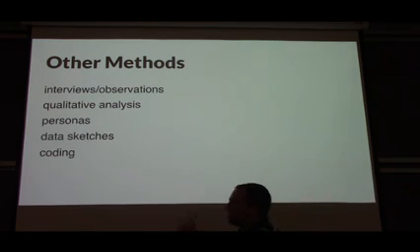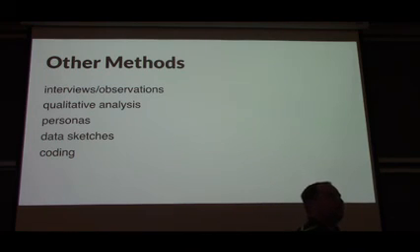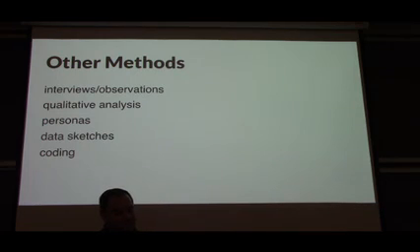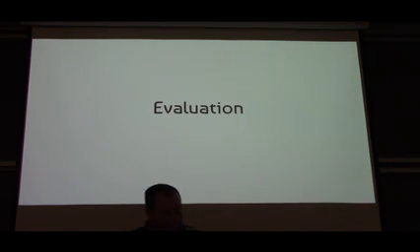Something visualization specific is data sketches. These are different from paper sketches. These are where you actually draw with data. That can be as simple as drawing faithfully in Illustrator on real scales, or even doing some rapid prototyping using coding. So these are all other methods for doing design.